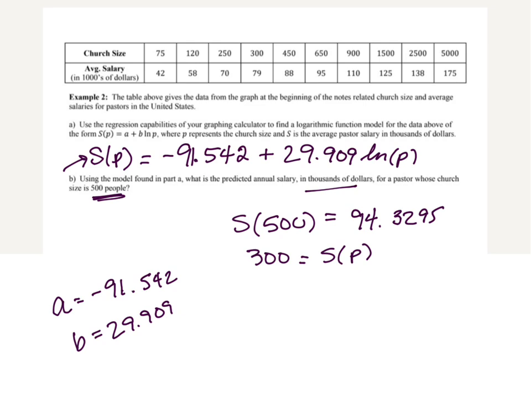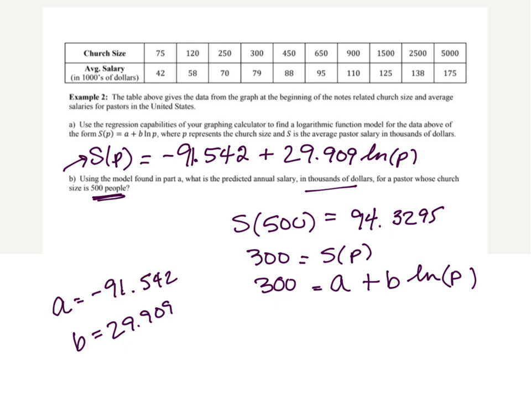Watch this. I know this function S of P is in the form A plus B natural log P. And I'm going back to A and B just so that I don't have to keep writing these numbers in all of their glory and all of their decimal places.